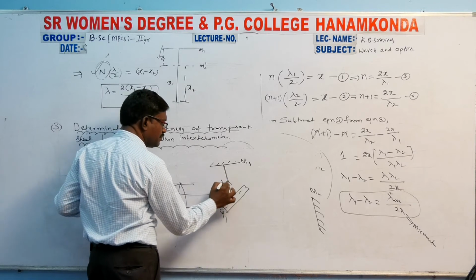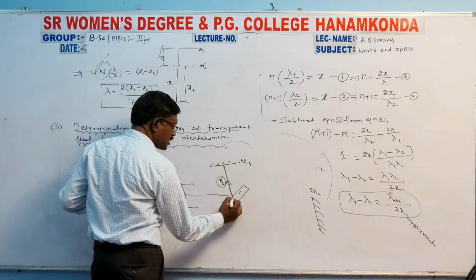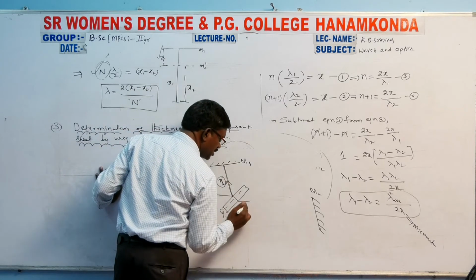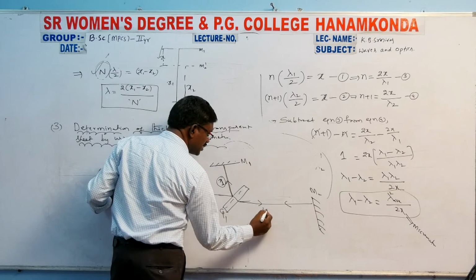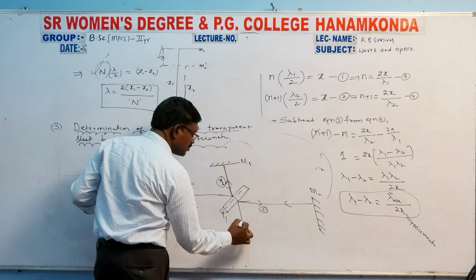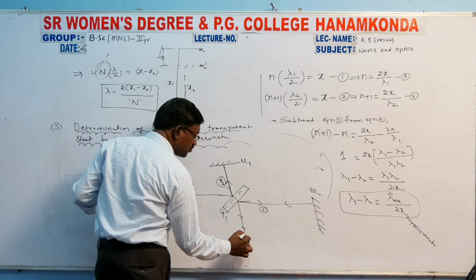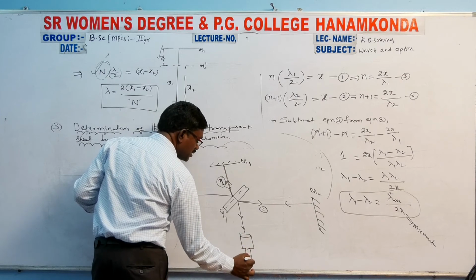One is ray 1 and the second one is ray 2. Both travel towards the M1 mirror and M2 mirror, retrace their path and combine again at G1 and interfere. The interfering fringe pattern we can observe through this telescope. This is the rough diagram.